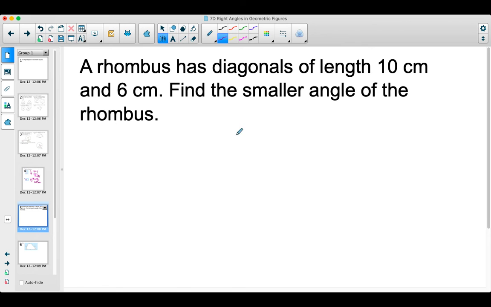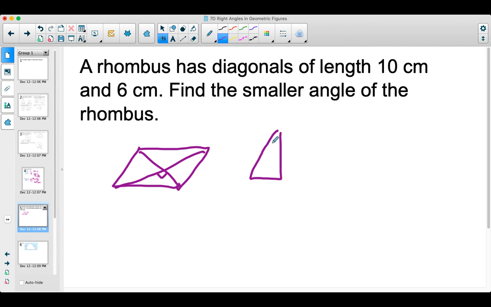So we go back over here, we can draw our rhombus. That's not a very good rhombus, but if one of them's 10 and the other one is 6, that means the triangle that I end up forming is 3 here and 5 here. And it says find the smaller angle of the rhombus.